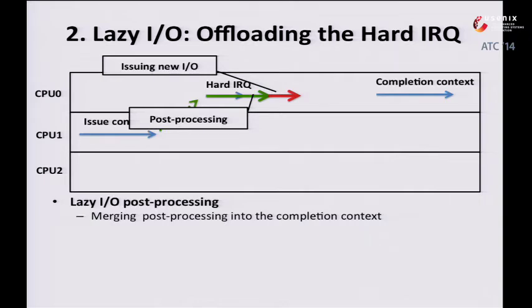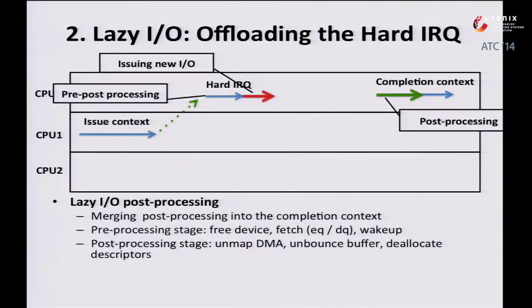This is the very context where the result of a read system call or a write system call is waited for. Here, the post-processing stage is split in half. The first half, which is placed on the IRQ handler, frees up the device from the I/O request and wakes up the corresponding completion context, the waiting thread. The other half, which is placed on the completion context, post-processes the rest and goes back to the completion context without any context switches because it's already there.